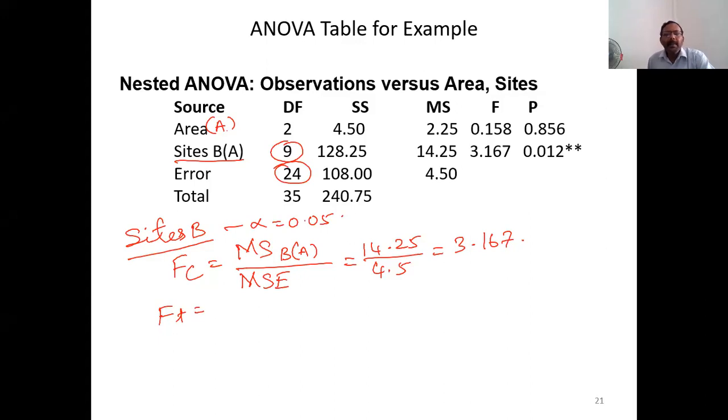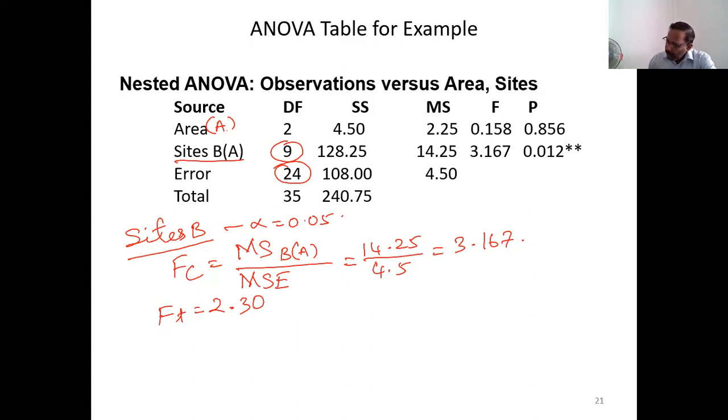Now, tell me what is the table value? 2.3. Is that correct? 2.30, okay, fine.